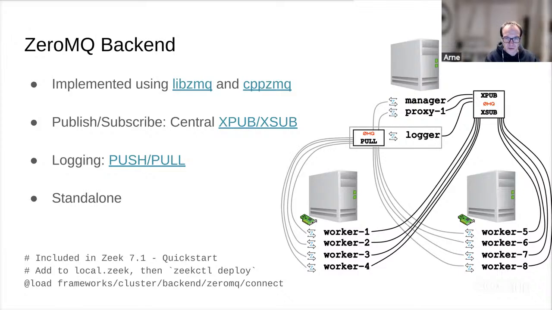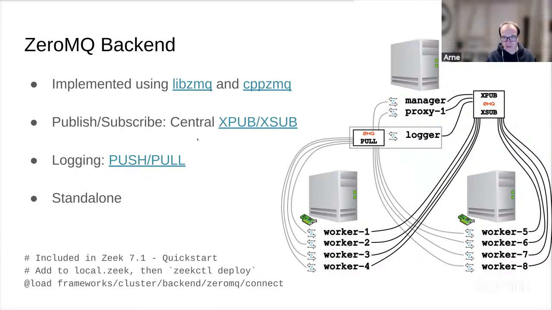For logging, with broker, logging and events go over the same connections. In this case, with the ZeroMQ backend, the logging goes via push-pull sockets. That's ZeroMQ's native round-robin mechanism, which they also call the pipeline pattern.